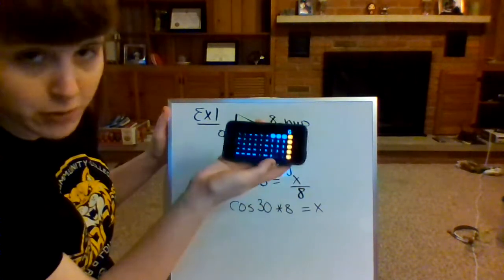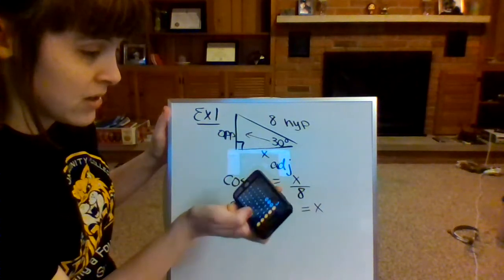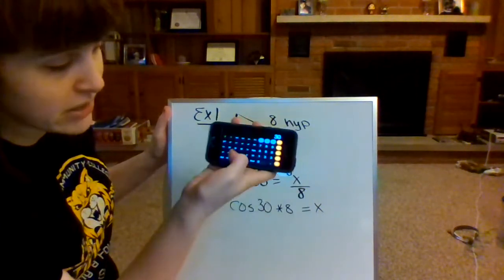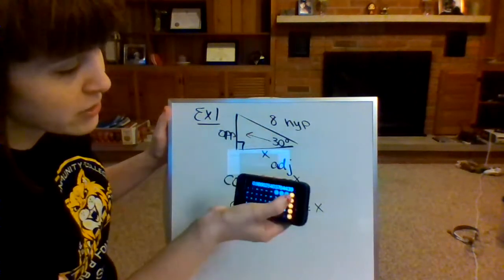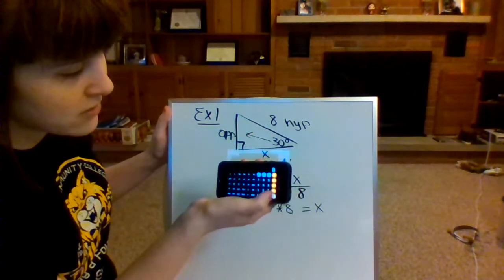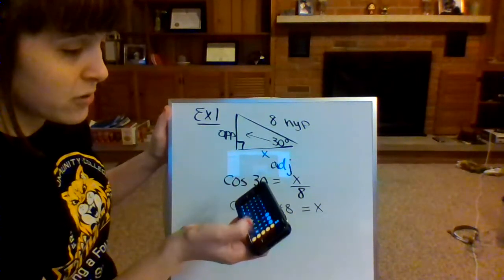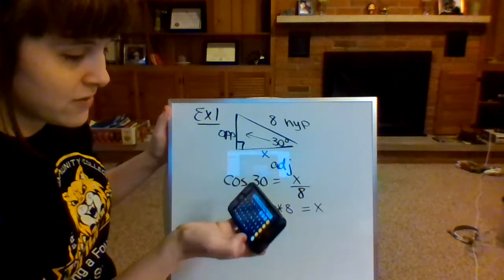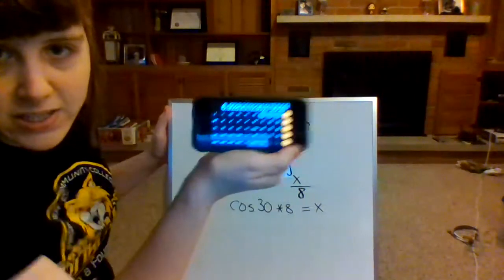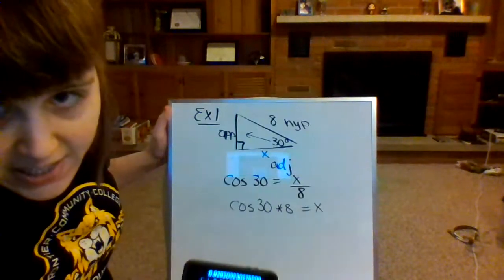First put in 30, then press cosine, the one that says COS. Then do times 8. So 30 cosine times 8 equals about 6.9. So we're going to say that x is 6.9.